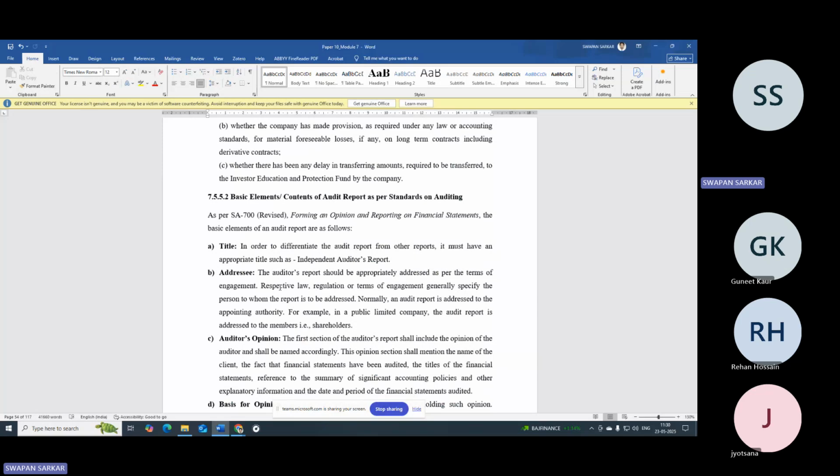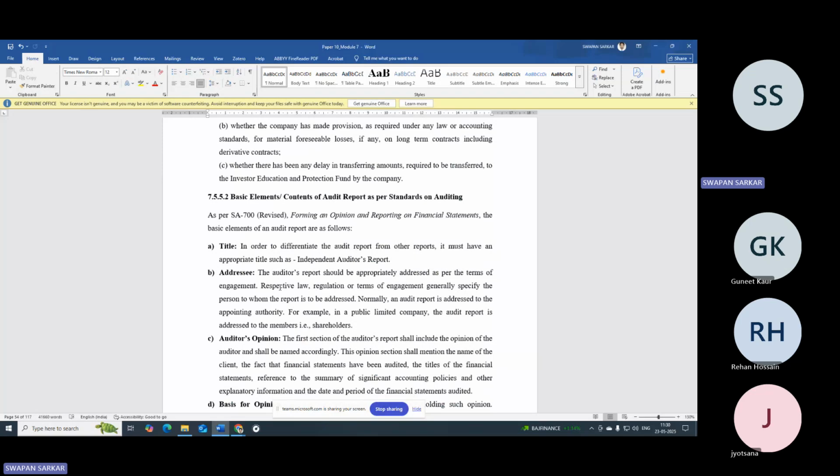Address. The auditor's report should be appropriately addressed as per the terms of the engagement, respective laws, and regulations. Terms of engagement generally specify the person to whom the report is to be addressed. Normally, an audit report is addressed to the appointing authority.